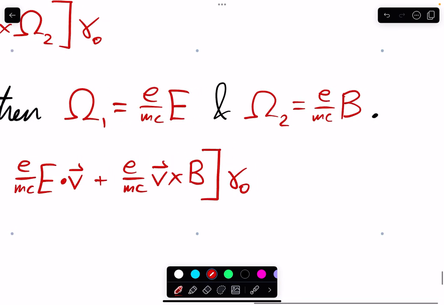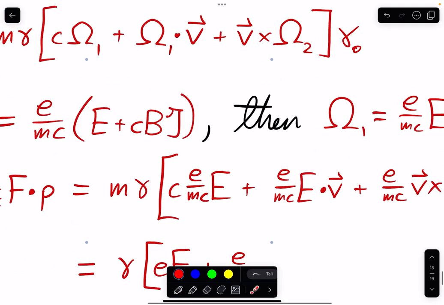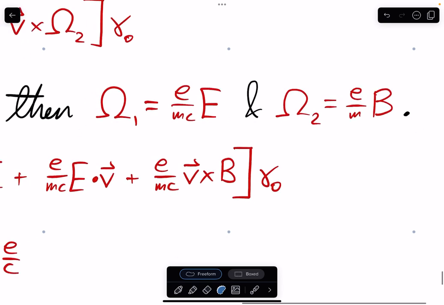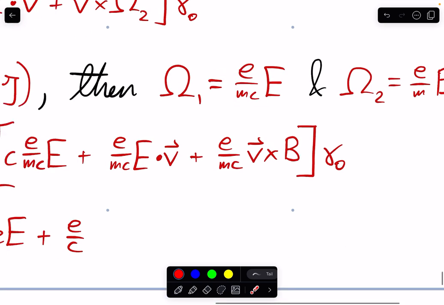I forgot that I did fix the units here, so I put a C here, which means that this C cancels out, so this C goes away. So it's just E over M, the gyromagnetic ratio, or I'm pretty sure it's something like that. I don't remember the exact word, but this is an important ratio in physics, so it makes sense that it shows up here.